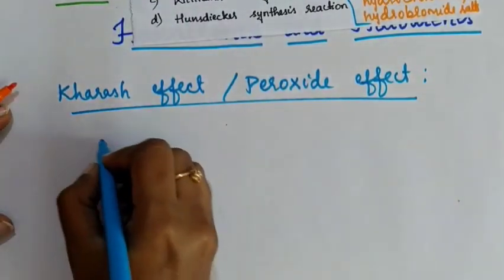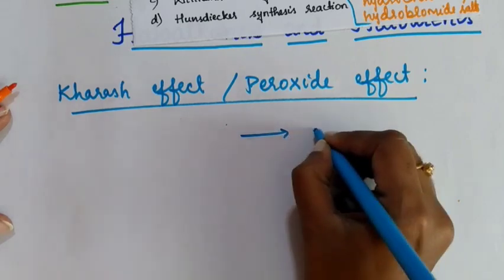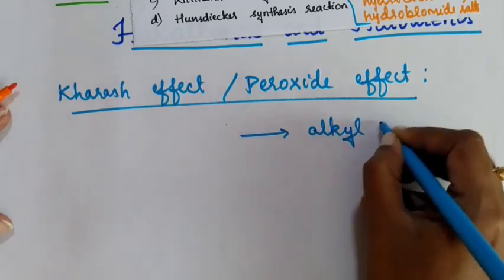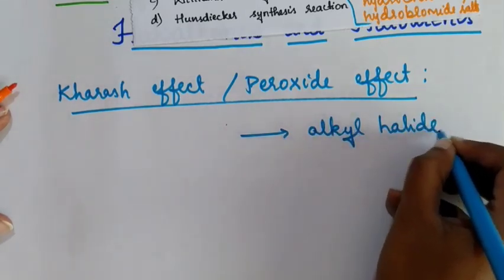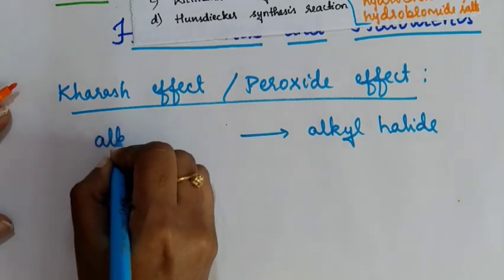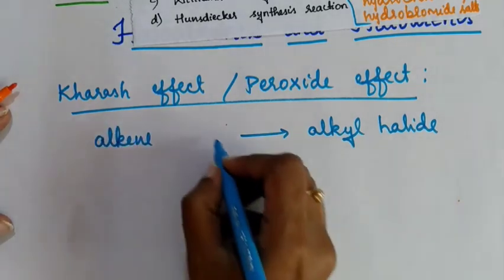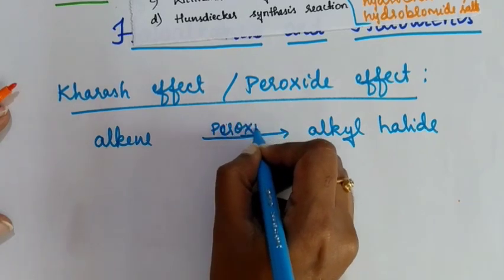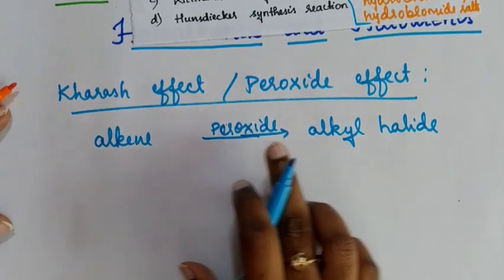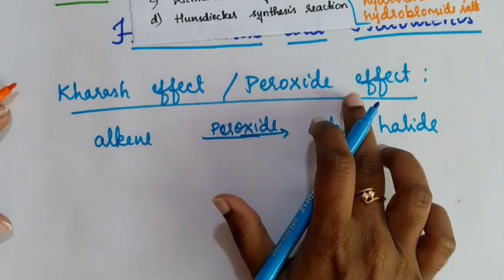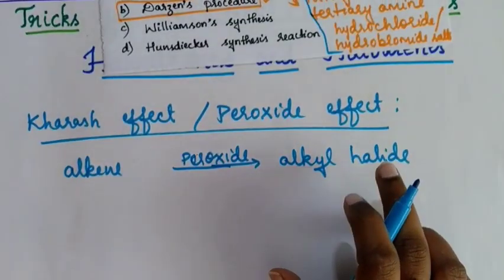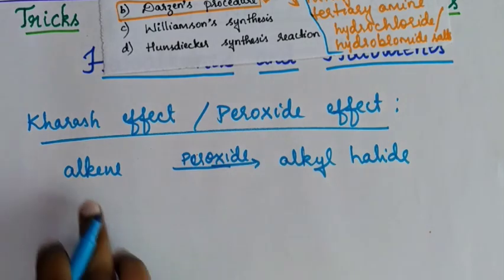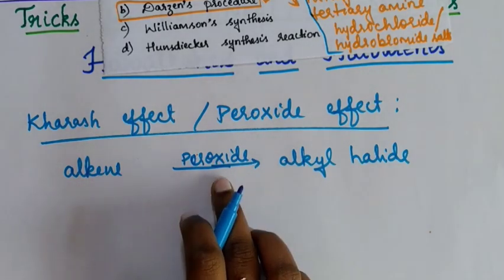Kharasch effect is for the preparation of alkyl halide by using alkene in the presence of any organic peroxide. That is why the process is known as Kharasch effect or peroxide effect. Here also we are going to prepare alkyl halide, but from the alkene and in the presence of organic peroxide.